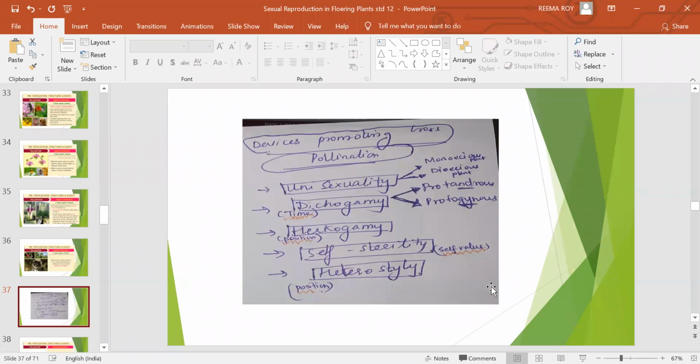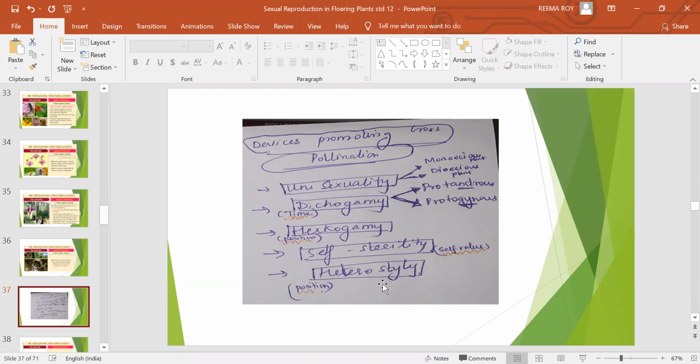And devices promoting cross-pollination. Unisexuality में monoecious, dioecious है, dichogamy में क्या है, protandrous and protogynous है, then herkogamy, self-incompatibility, and heterostyly. These are what? Devices which promote cross-pollination.